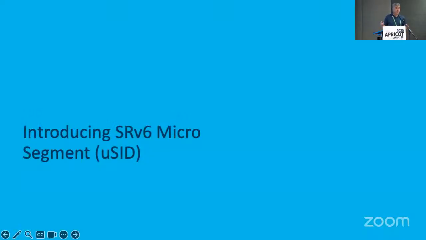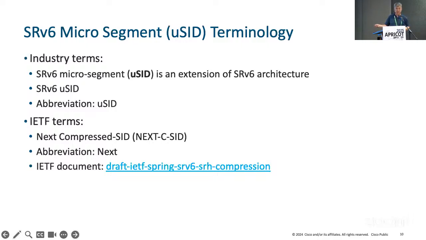Okay, now we're going to talk about micro segments, right? Why do we need micro segments? We want to use the 128 bits more efficiently, so that we can make the overhead more efficient.